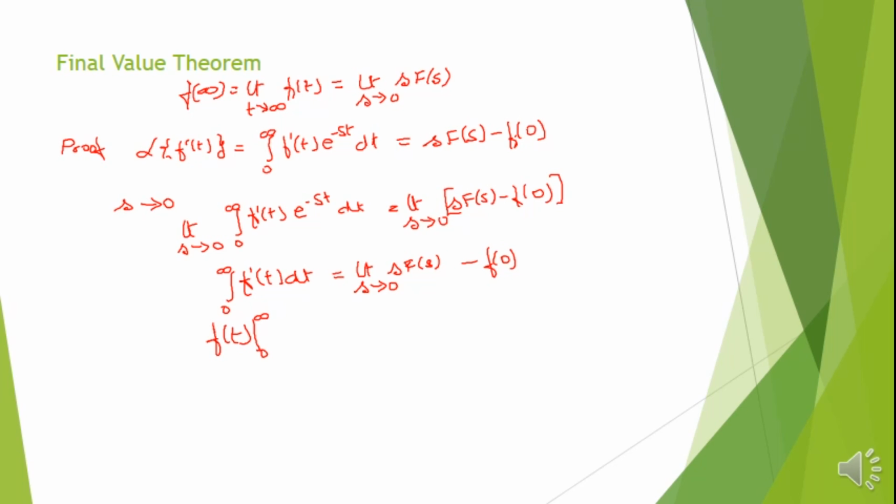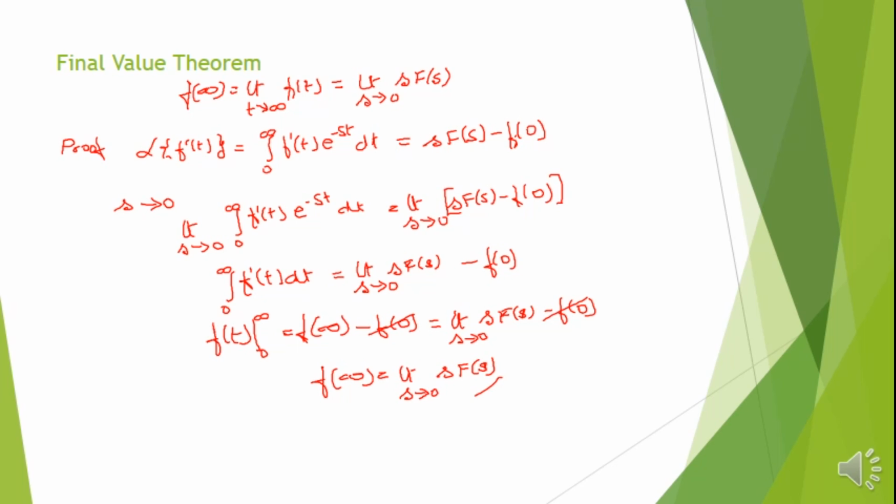That means f of infinity minus f of 0 equals limit as s tends to 0 s F of s minus f of 0. So this f of 0 gets cancelled. So f of infinity equals limit as s tends to 0 s F of s.